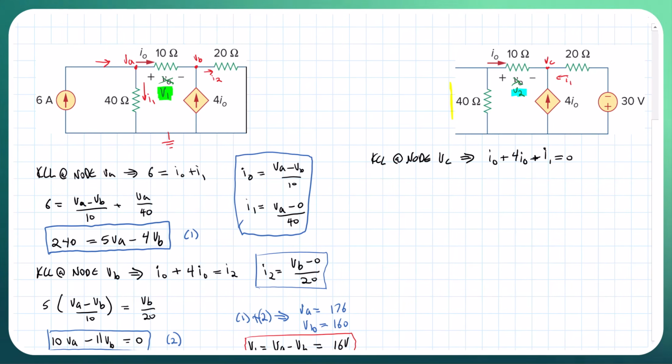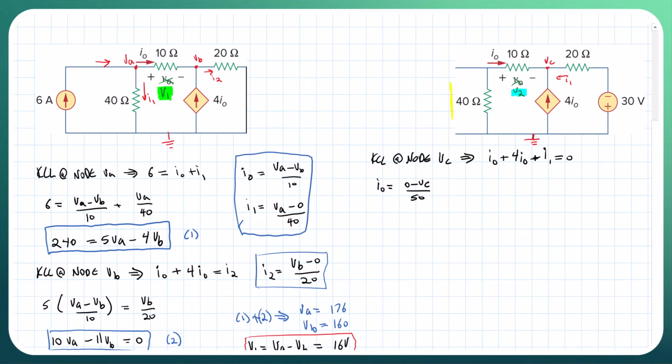Okay, so in this case we have I naught defined as 0 minus VC over 50. This is going to be our reference ground here.